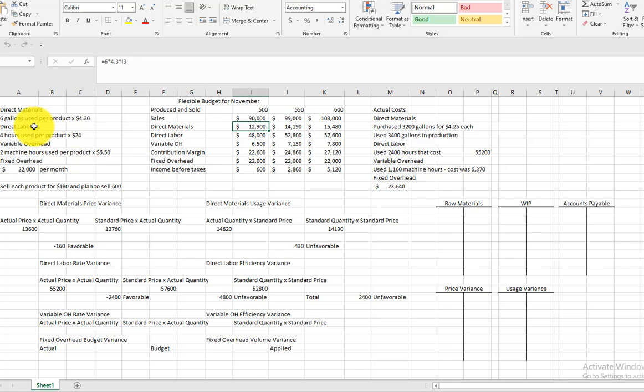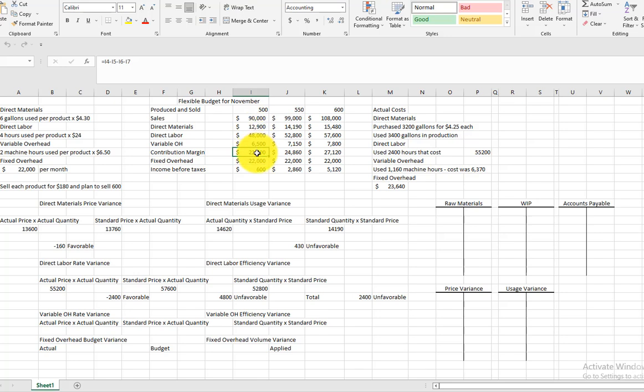Our direct materials is going to be the 500 times 6 gallons times $4.30. Direct labor is going to be 500 times 4 hours times $24. Then 500 times 2 machine hours times $6.50.